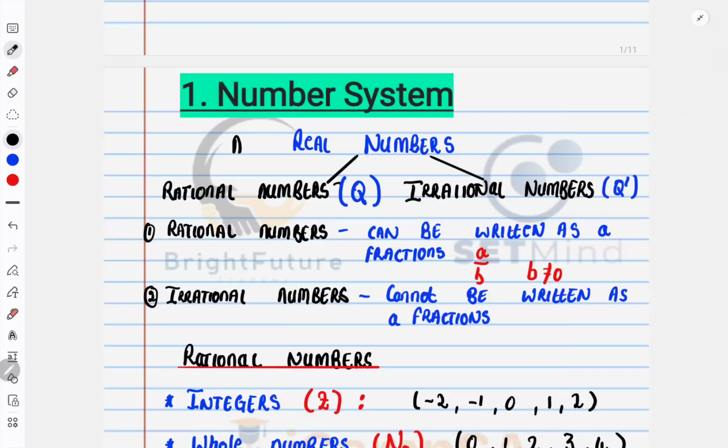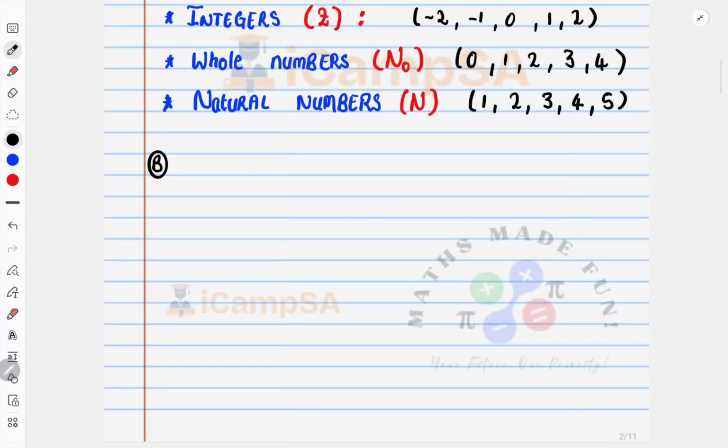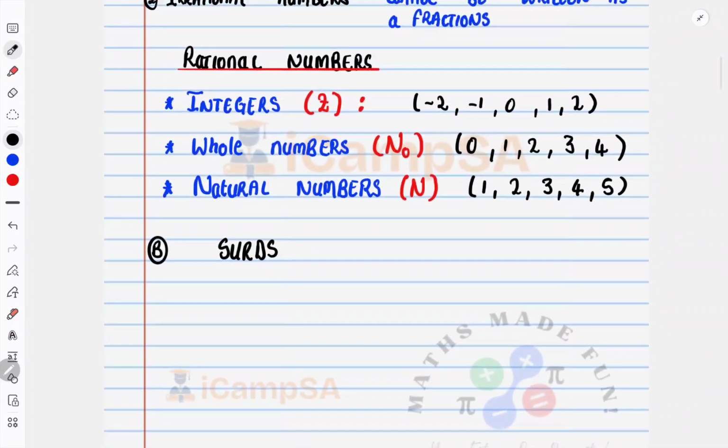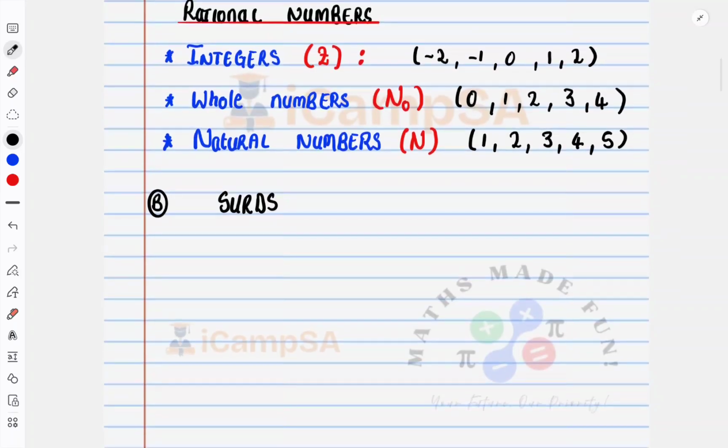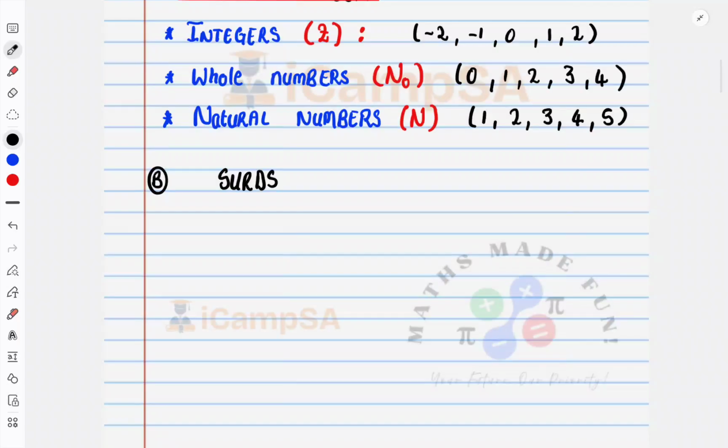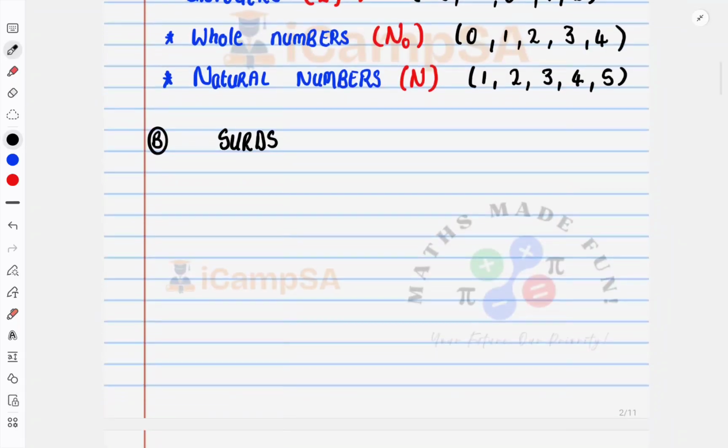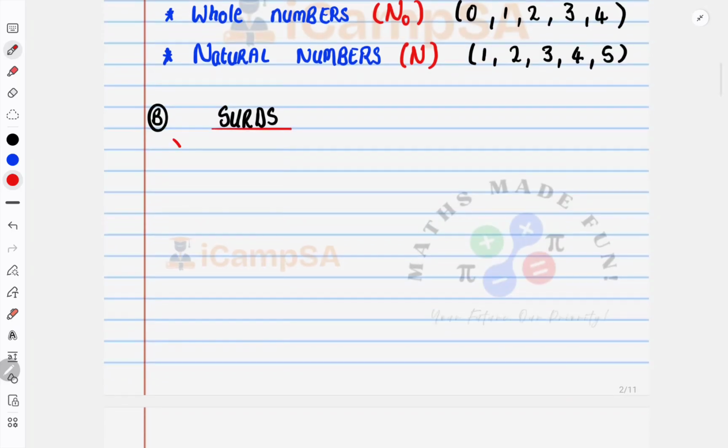And in unit P, we're going to be dealing with surds. Surds also fall under irrational numbers, because surds are essentially the roots of integers that cannot be expressed as fractions. These are your surds. Okay, let me quickly write that.